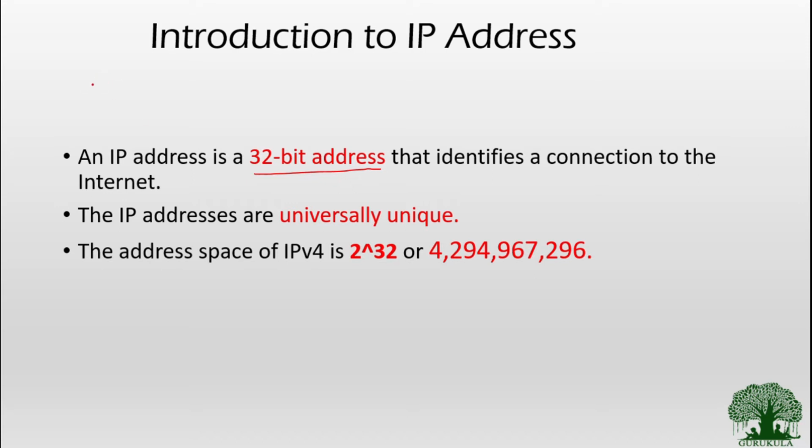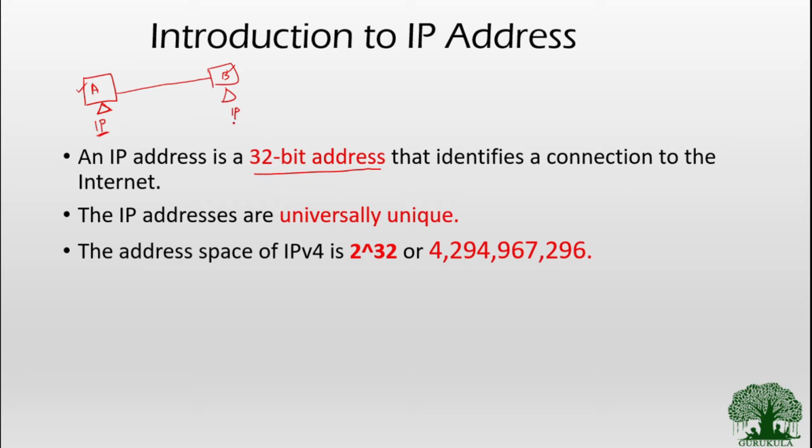Let's take an example: a system called A and a system called B. When these two systems are connected, for human purposes we can call them system A and system B. But a network will understand the address of a system based only on the IP address. So this system must have an IP address, and the other system should also have an IP address of 32-bit length.